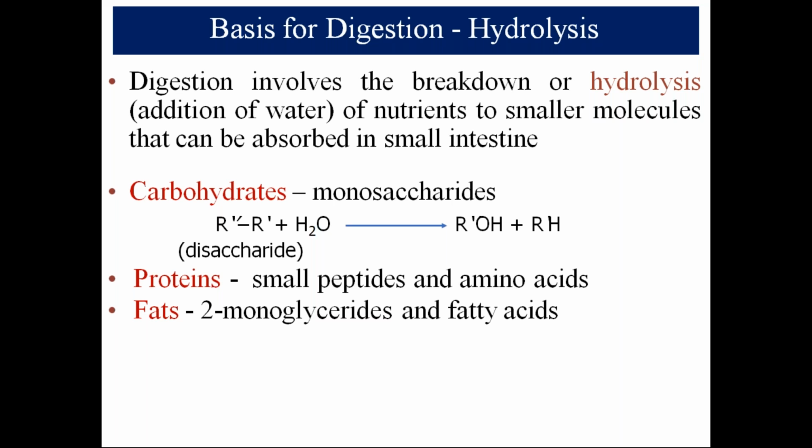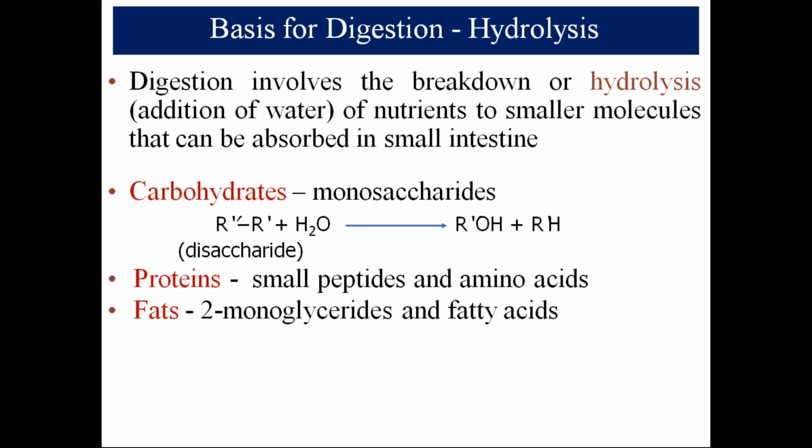So it is basically how the food is ingested, how it is broken down into smaller pieces, how the digestive enzymes act upon it, how the end product of digestion is produced, and how it is finally absorbed into the bloodstream and sent to various cells of the body, right?